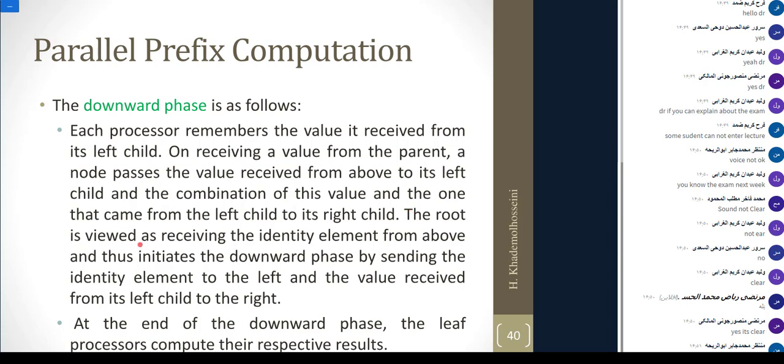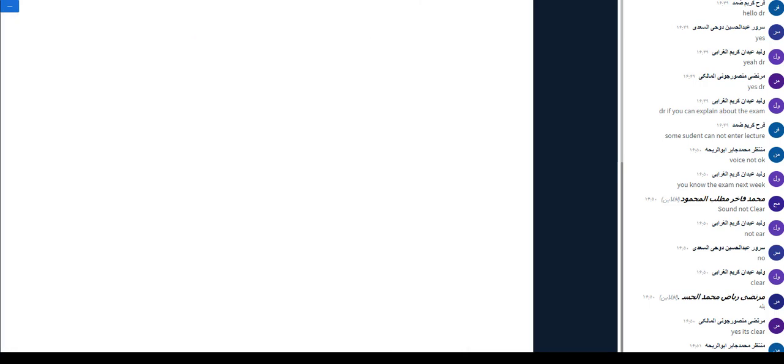The root is viewed as receiving the identity element from above, and thus initiates the downward phase by sending the identity element to the left and the value received from its left child to the right. At the end of the downward phase, the leaf processors compute their respective results. Okay, what does it mean?